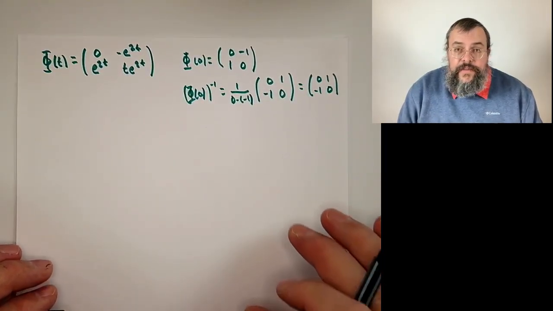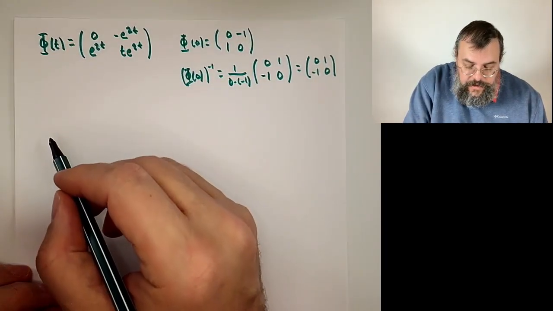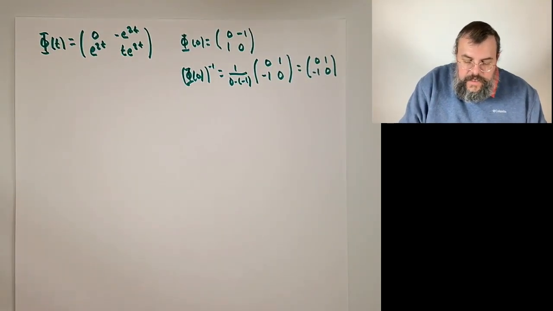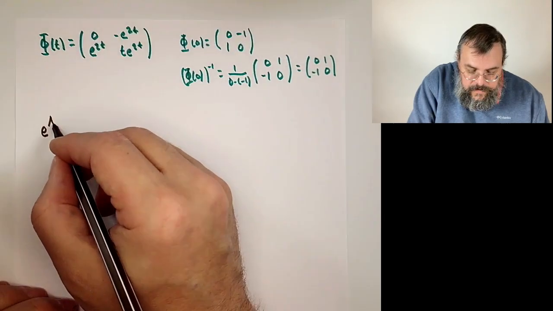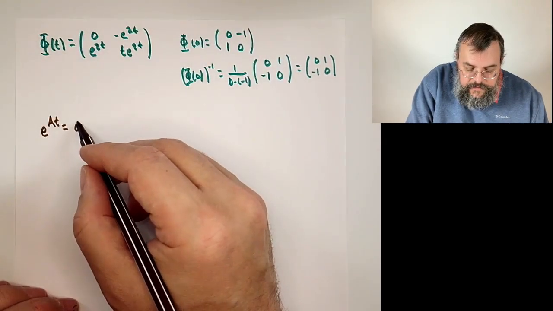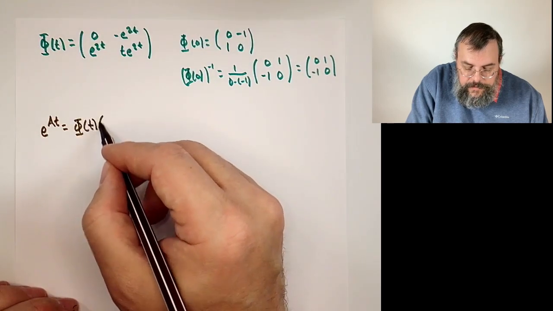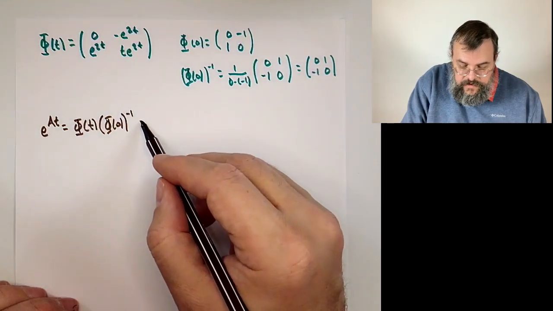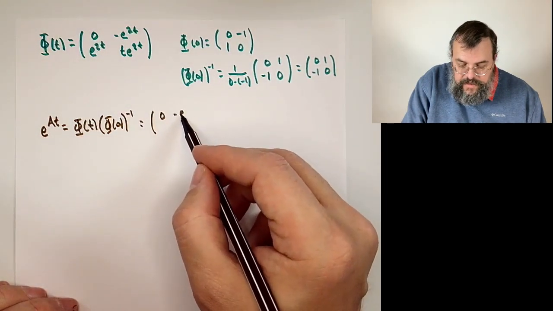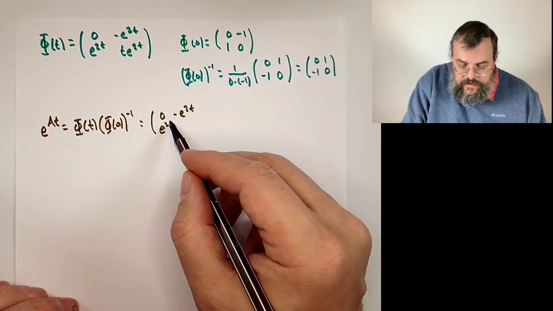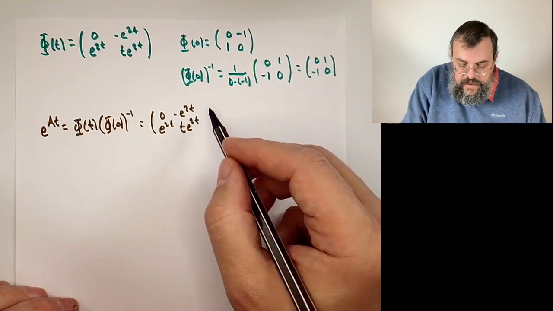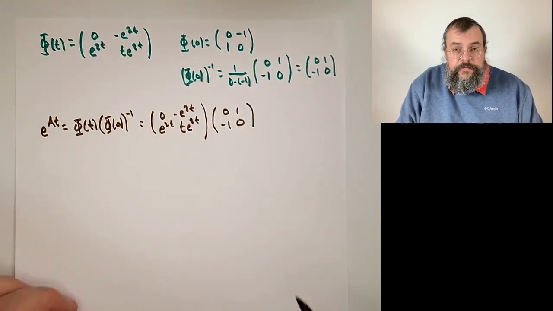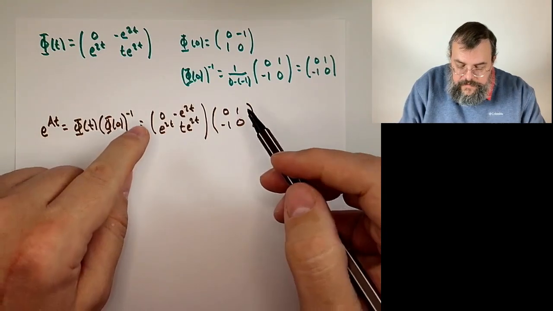Okay, now why are we doing all of this? Well, it's our last step because we have the following fact. Here we go. E to the at is equal to phi of t times phi of 0 inverse. So that's 0, minus e to the 2t, e to the 2t, and t e to the 2t times 0, 1, minus 1, 0. And let's just carefully work it out.